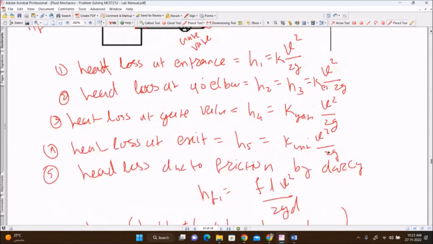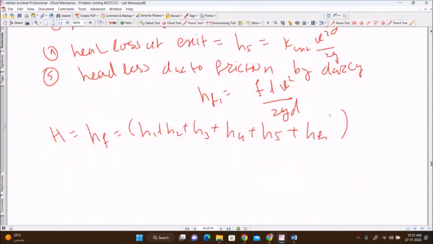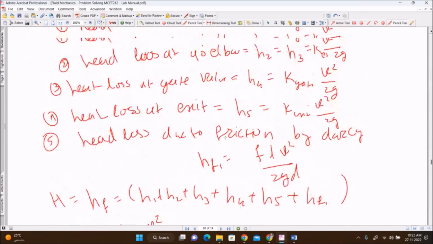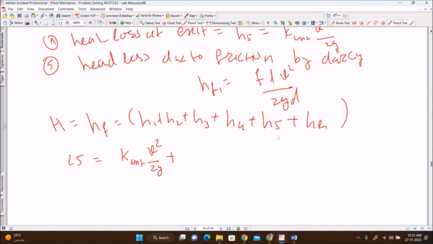So I can write 25. I will put the values now. 25 equal to H1 at entrance, K entrance V square by 2G, plus H2 and H3 are the same, so I can write twice K elbow into V square by 2G.